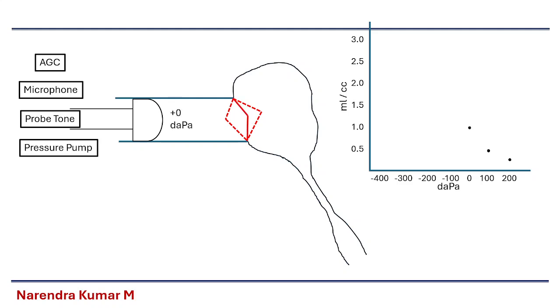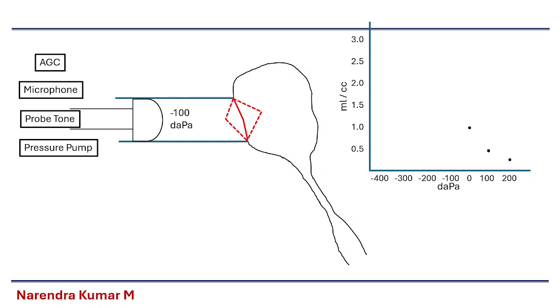At 0 decapascal, the tympanic membrane is at its natural position. So more space is available for the tympanic membrane to vibrate for the sound. So more sound is admitted into the middle ear space. So the admittance increases.